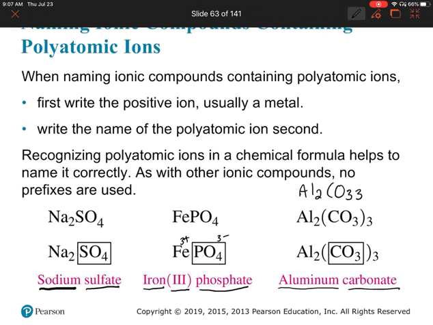It kind of looks like we have 33 oxygens attached to that carbon, which is not possible. So we have to put parentheses around the polyatomic ion only in this instance. In the other two examples, sodium sulfate and iron(III) phosphate, we only have one polyatomic ion, so we don't have to put parentheses around it.